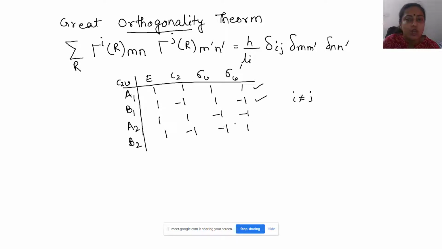Now if you try to apply the Great Orthogonality Theorem over there, for A1, that is tau i stands for A1 and tau j stands for B1. Now under any symmetry operation, let me first take E, then C2, then sigma v, then sigma v prime, and then keep on adding them.